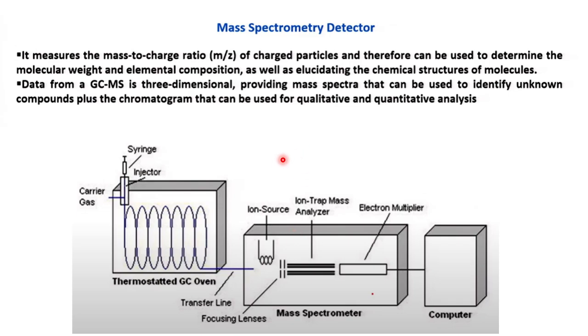With the GC you can couple the MS, and that's why it is called GCMS, providing mass spectra that can be used to identify the unknown chemical composition of a sample, plus the chromatogram that can be used to quantify how much amount is there. So both qualitative and quantitative analysis can be done through GCMS.